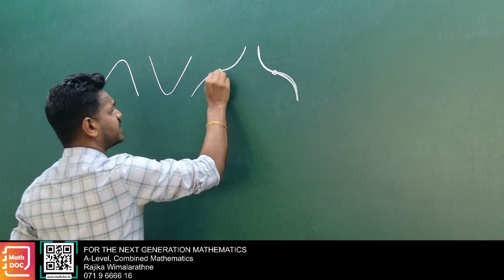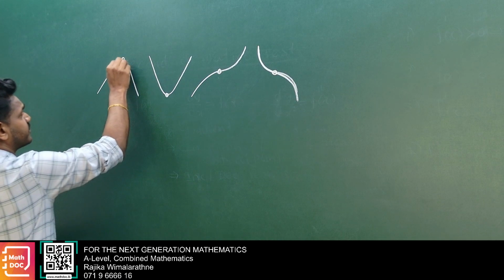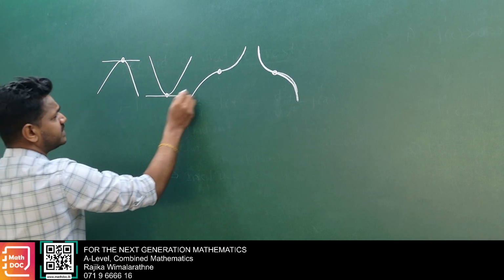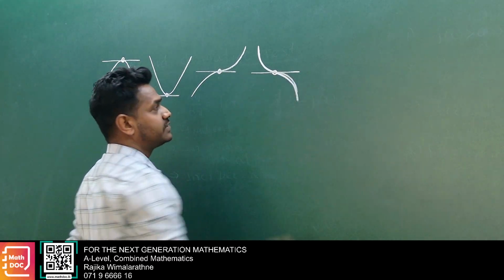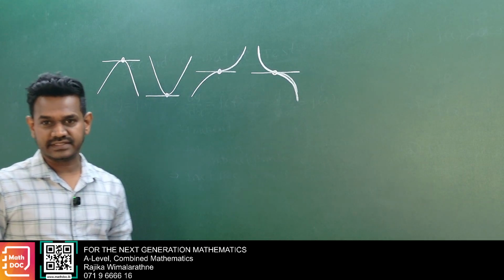So these are what we call critical points, no? When we sketch a tangent that is parallel to the x-axis, we call those critical points.